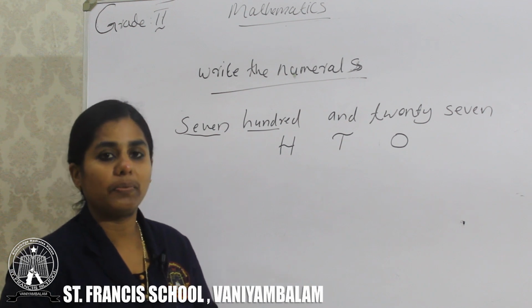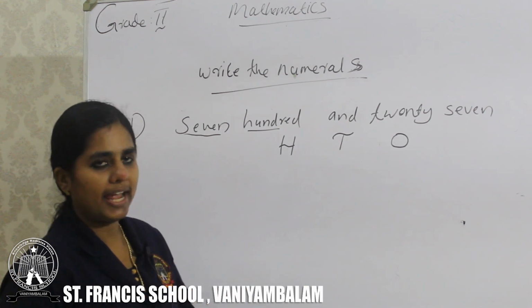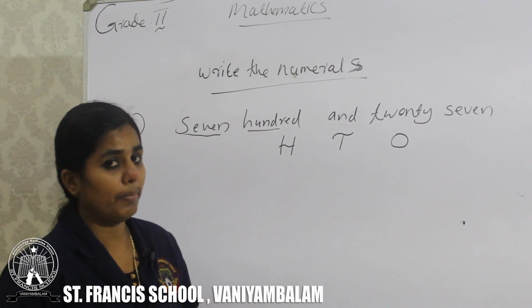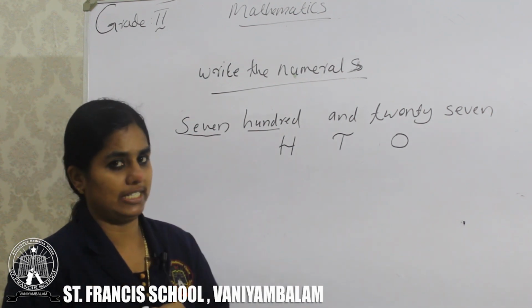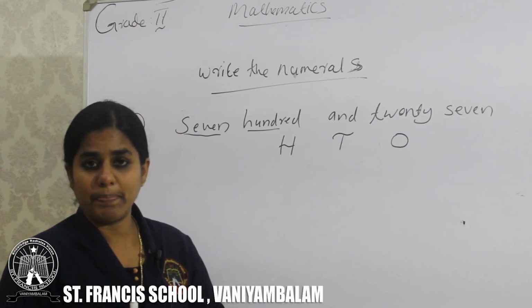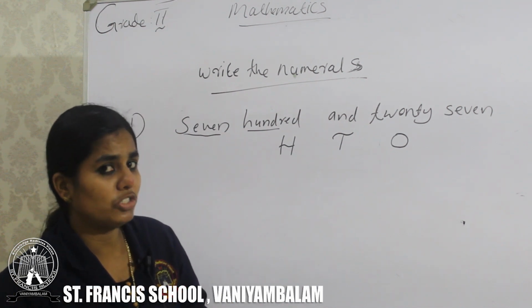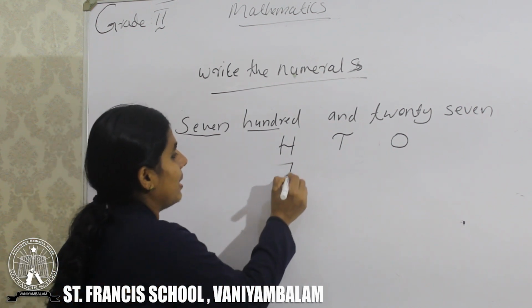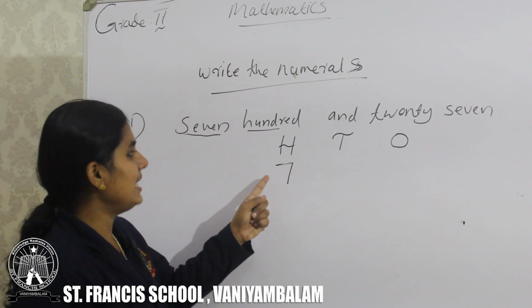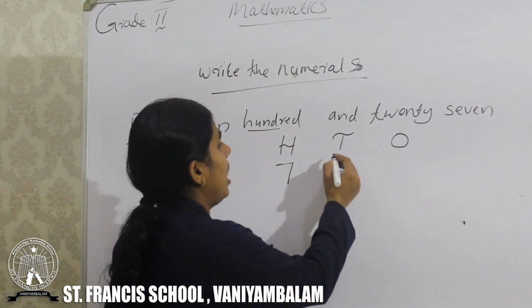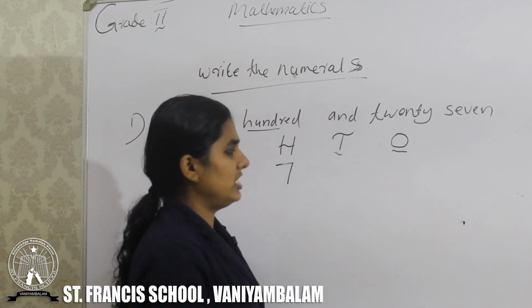Number 7. That means we have 700. Then below the hundreds place we write number 7. That is 700. After that we have the tens and ones places.